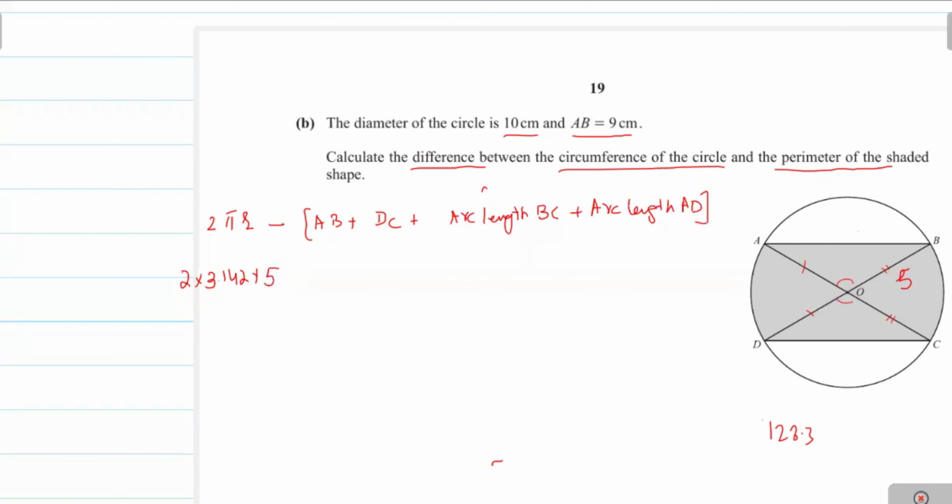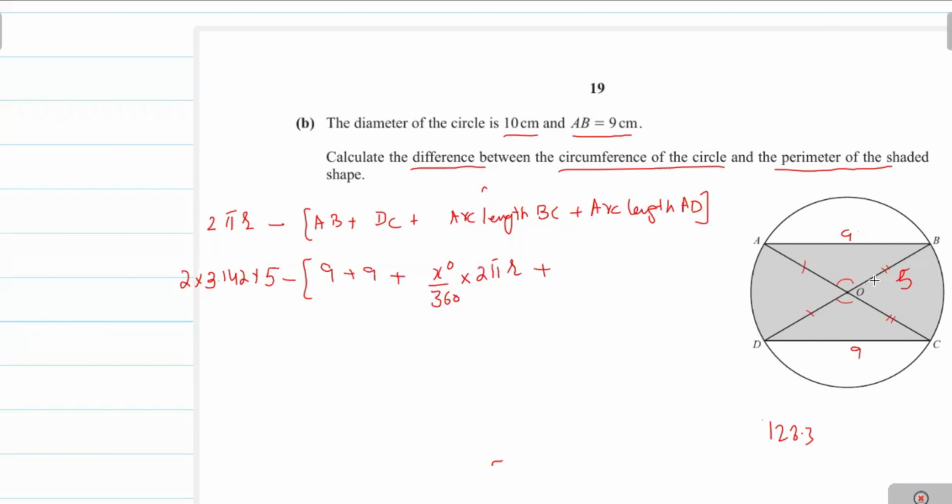We write 5 minus AB length is 9 and this DC length is also 9, plus arc length equal to x degree over 360 multiplied by 2 pi r, plus this arc length is the x degree.